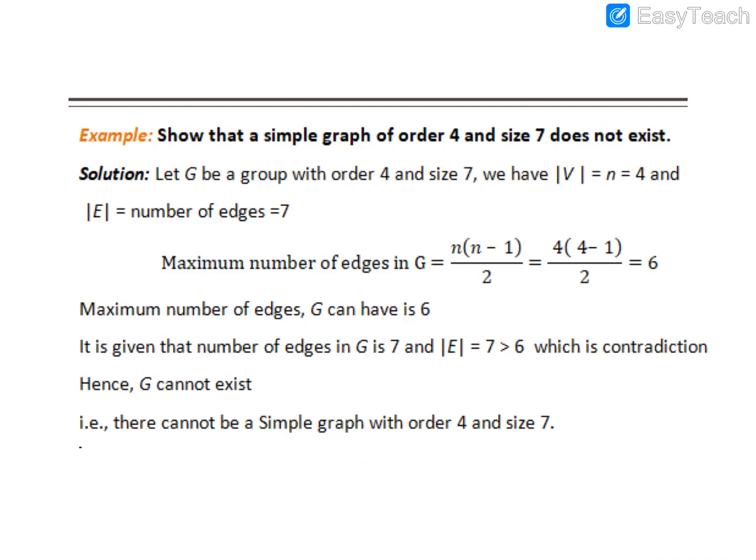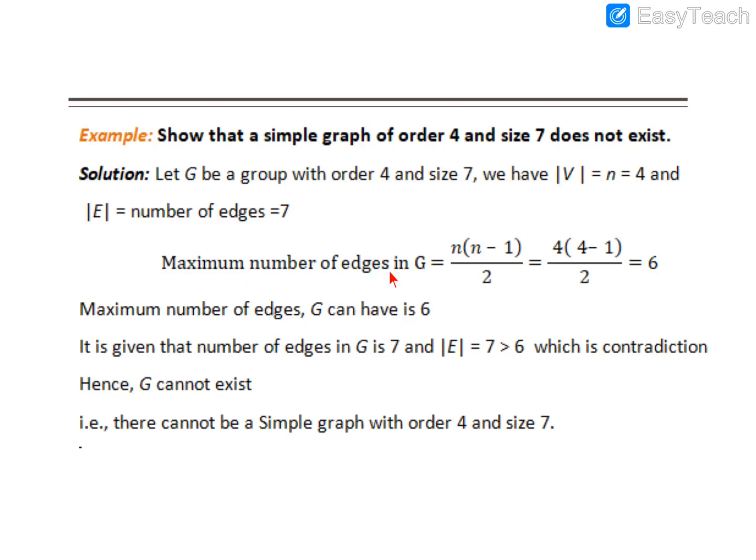Here we prove an example: a simple graph of order 4 and size 7 does not exist. We already discussed the order and size of a graph. If G is a graph, then order 4 is the number of vertices in the graph, that is cardinality of V is equal to 4, and size is the number of edges in the graph, therefore cardinality of E is equal to 7.